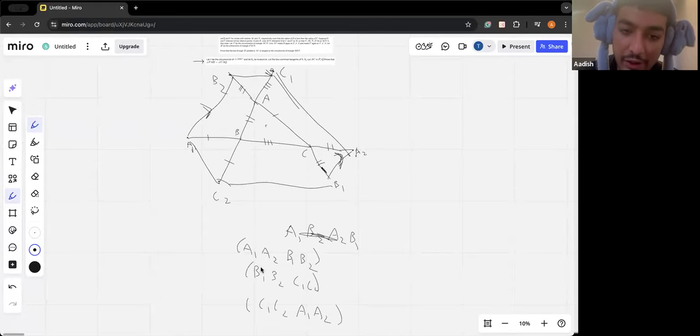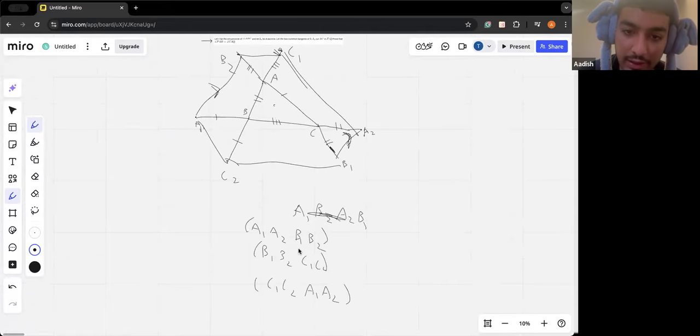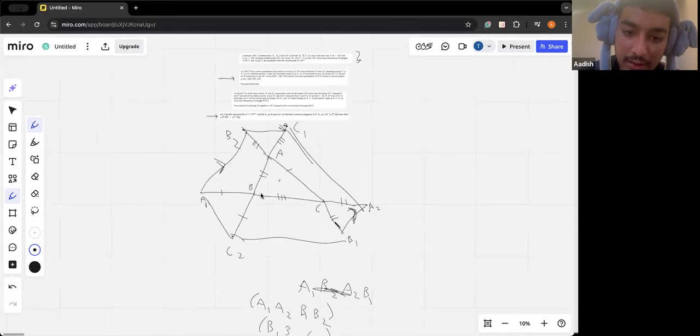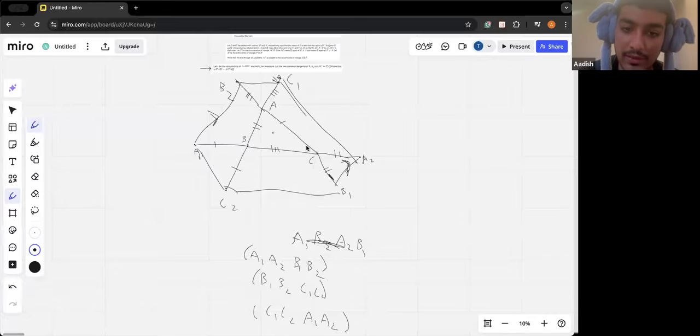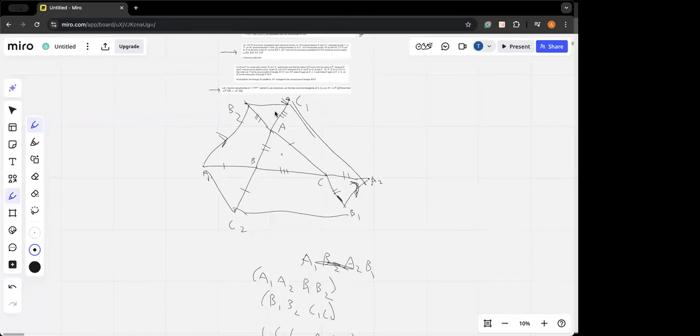So the radical axis of the first two circles is what? B1, B2, that's AC. The second two is C1, C2, so AB. And the first and third is BC. So AB, BC, and CA concur. That doesn't sound right, does it? What went wrong? Turns out they're the same circle.